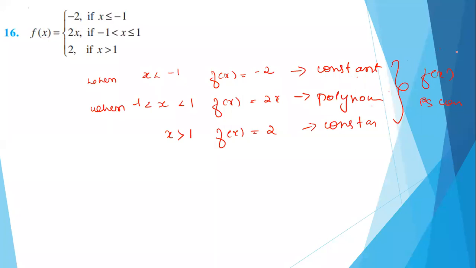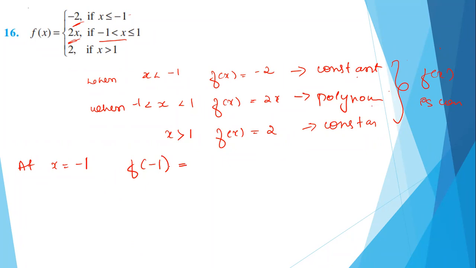A polynomial function is continuous. Now you need to check at x equal to -1. Since we have -2 when x is less than -1, and when x is greater than -1 you have 2x, you need to check the left hand and right hand limit here. So at x equal to -1, first you need to find the functional value.